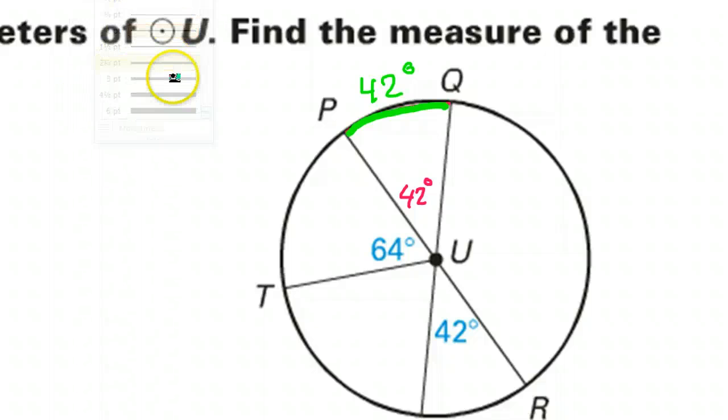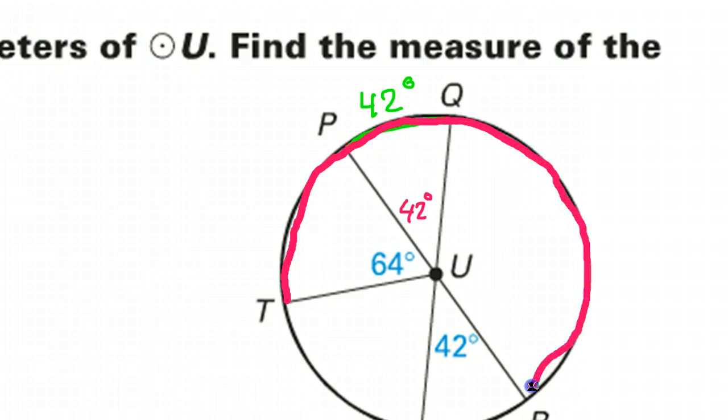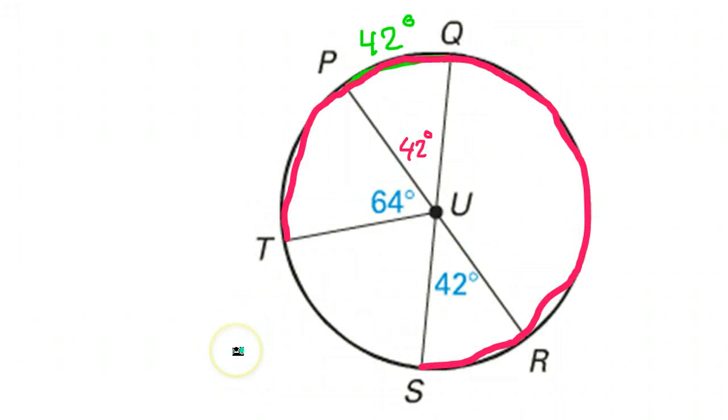Alright, TPS is this arc that goes like this. TP. And I gotta go all the way around to here. That is arc TPS. And I need to find the measure of that.